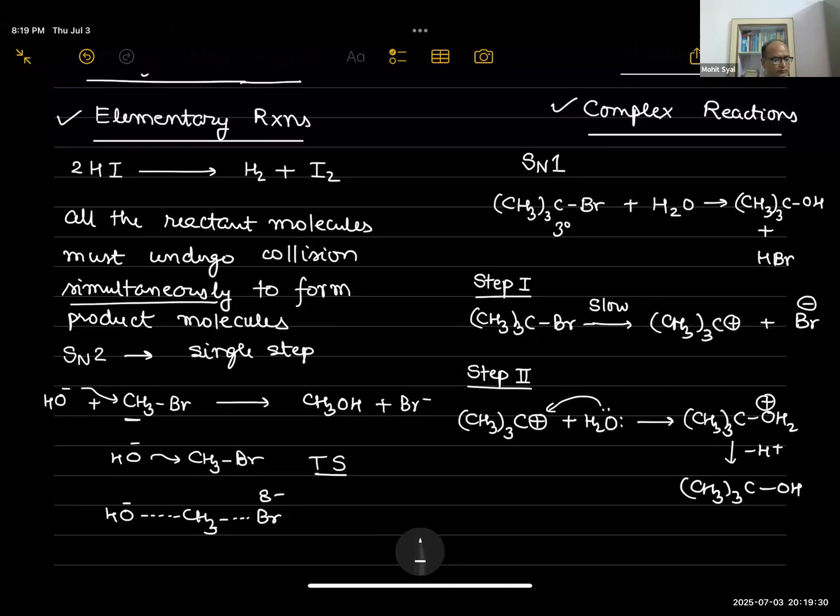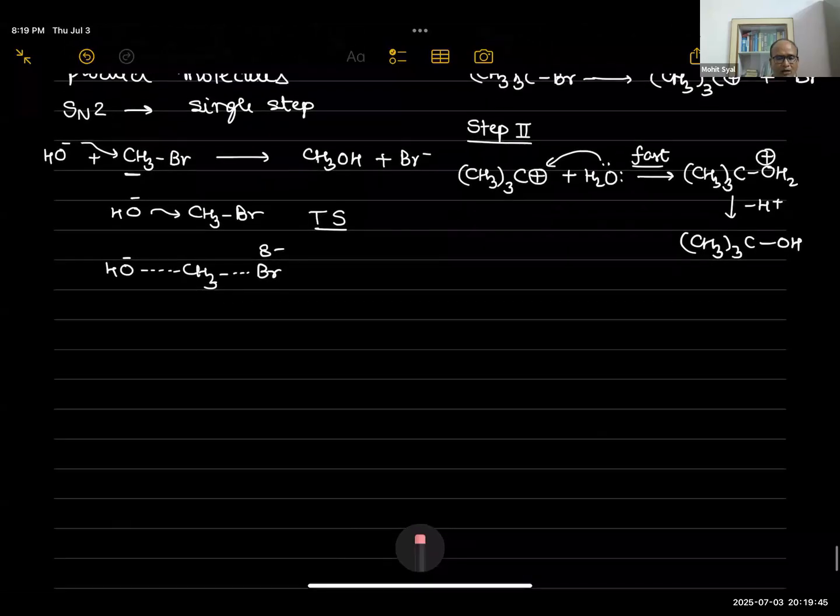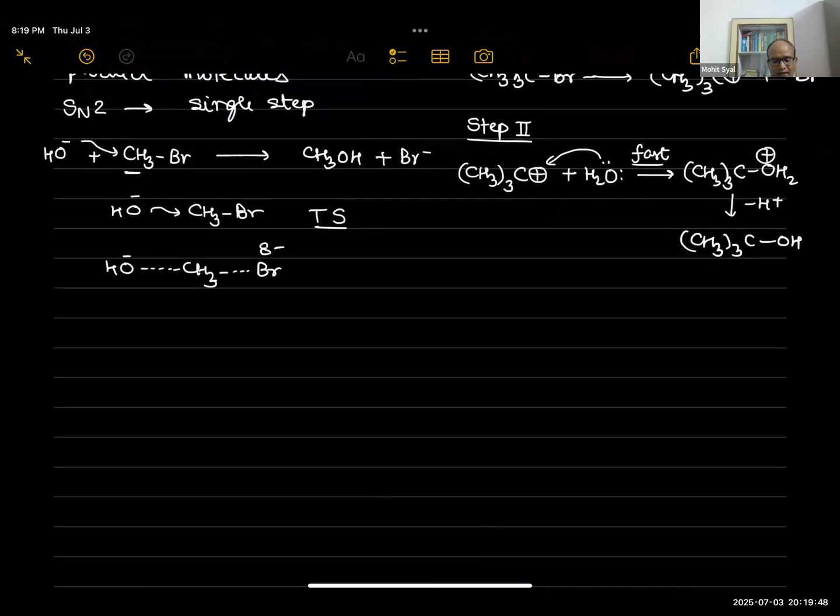So this is a multi-step reaction. In multi-step, you need to know the slow step and the fast step. Now we will introduce one more term, that is molecularity.